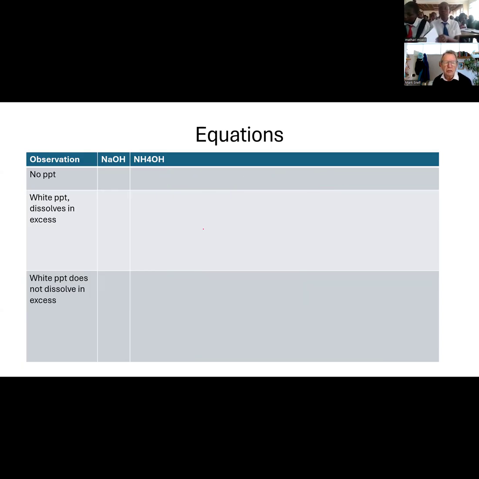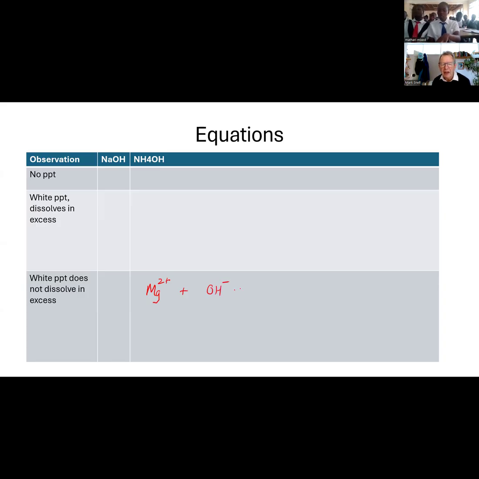Let's now write it for a white precipitate. I'm going to do the simplest one, which is at the bottom: the white precipitate which does not dissolve in excess, and we said that was group 2. Let's have a look at magnesium. Mg2+, we always write plus OH-.